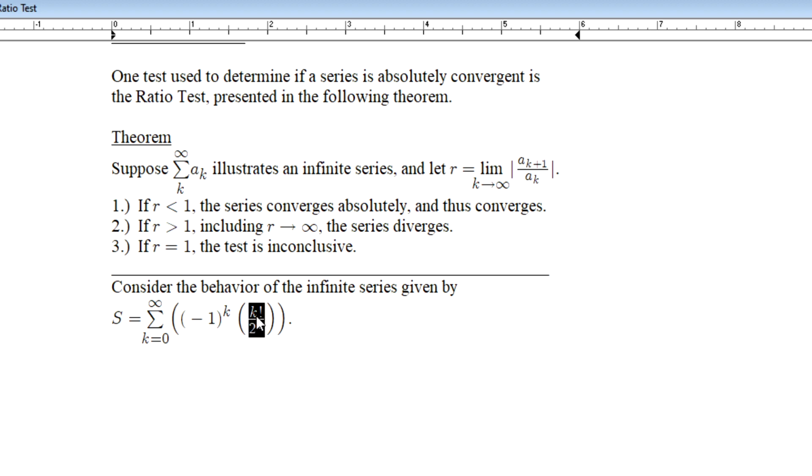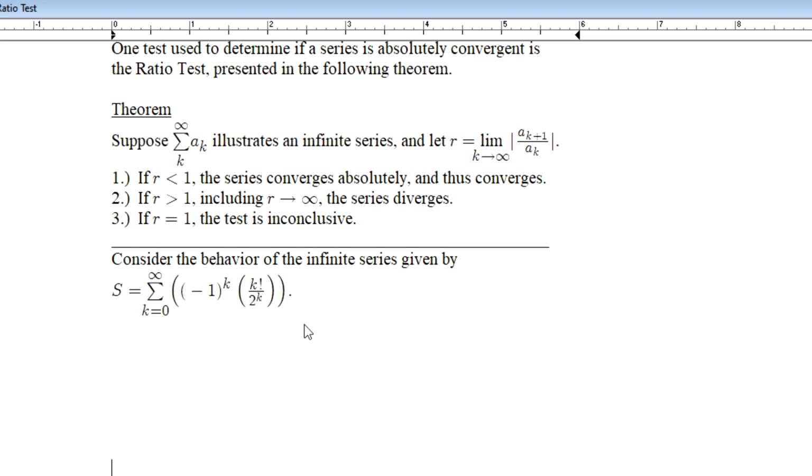So, yeah, our approach here, using the ratio test, is certainly a little bit more natural in this case, because we do have this argument of k factorial within our infinite series. Now, I'll show you why that is the case, and this does show up in the algebra, folks.